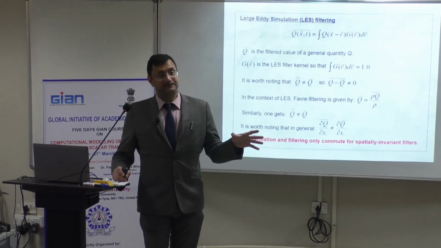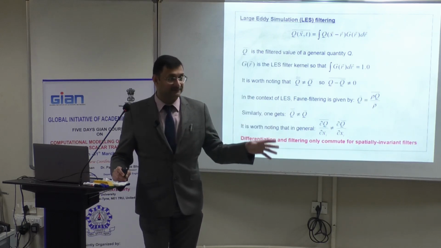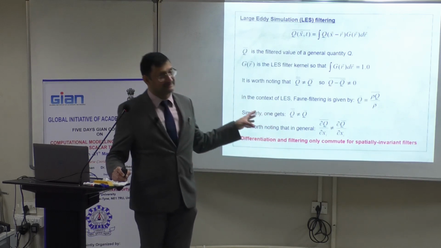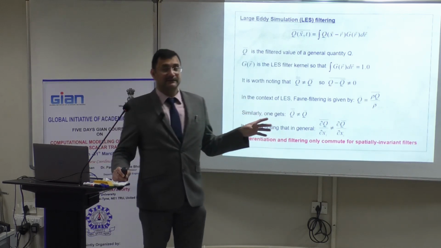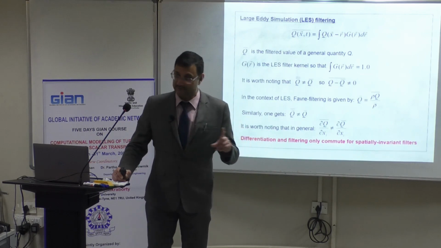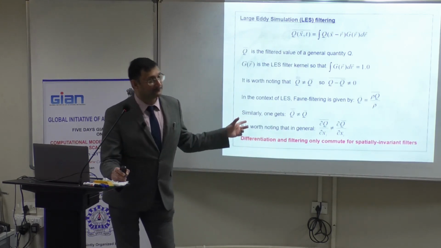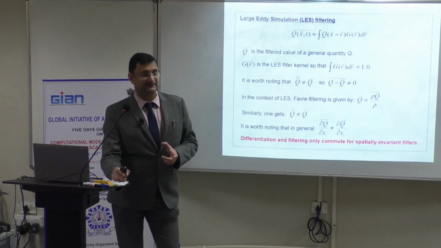The dissipation rate transport equation I did not show. This is a really messy equation. But if you consider the first tutorial problem that we did yesterday, you can follow the same procedure and come up with a transport equation for dissipation rate.